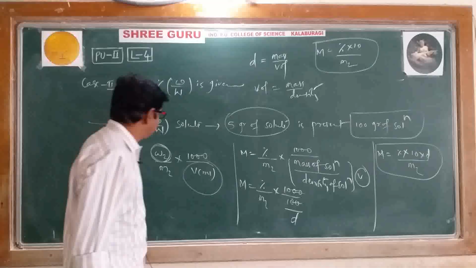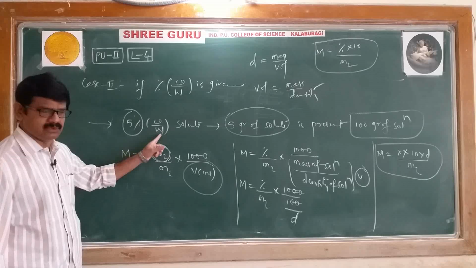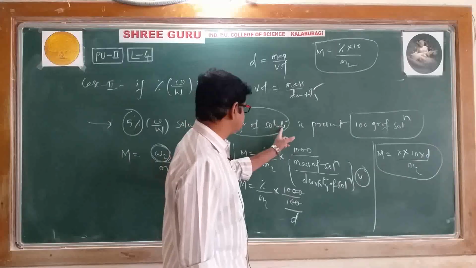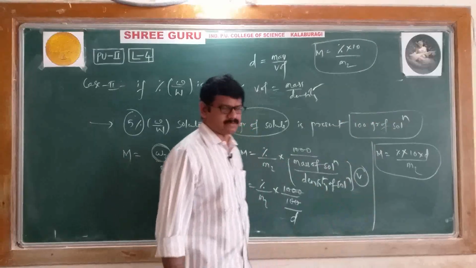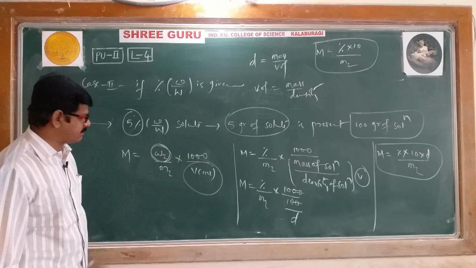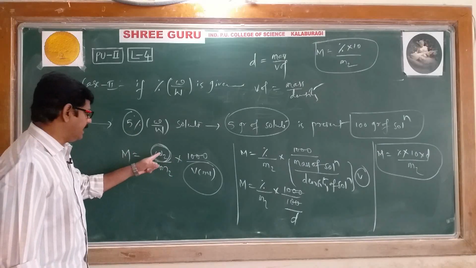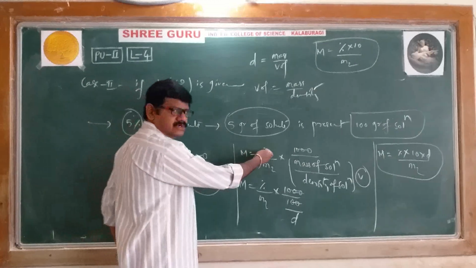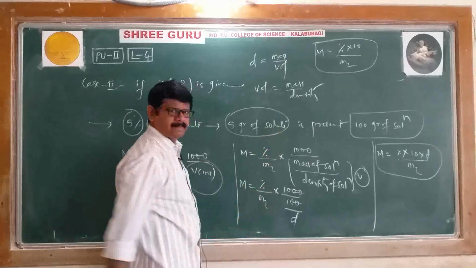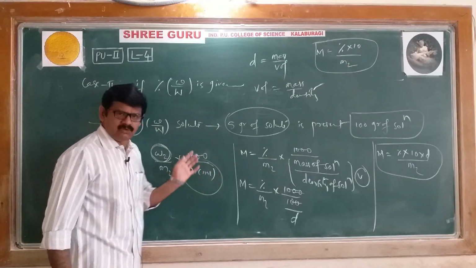Once again we'll see its derivation. 5% W by W solute means, first we understand the meaning: 5 grams of solute is present in 100 grams of solution. Based on that we derive our regular molarity formula. Whatever the percentage is, that is nothing but the mass of solute. That's why in place of W2 I write the mass of solute: percentage divided by molar mass into 1000 divided by volume of solution. But here there is no volume of solution.